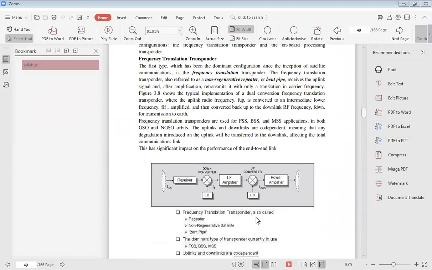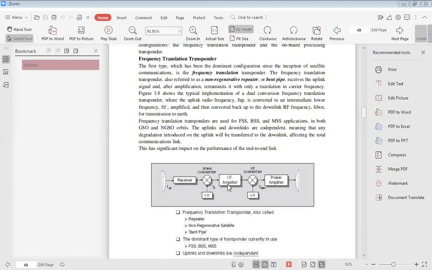We all know there is a difference between the uplink frequency and the downlink frequency. Here, FUP is the frequency received from the earth station, and that is mixed with a local oscillator in a down converter.